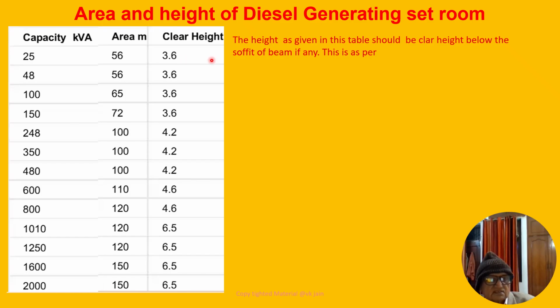It is in meter. The height as given in this table should be clear height below the soffit of the beam, if any. This must be kept in mind.